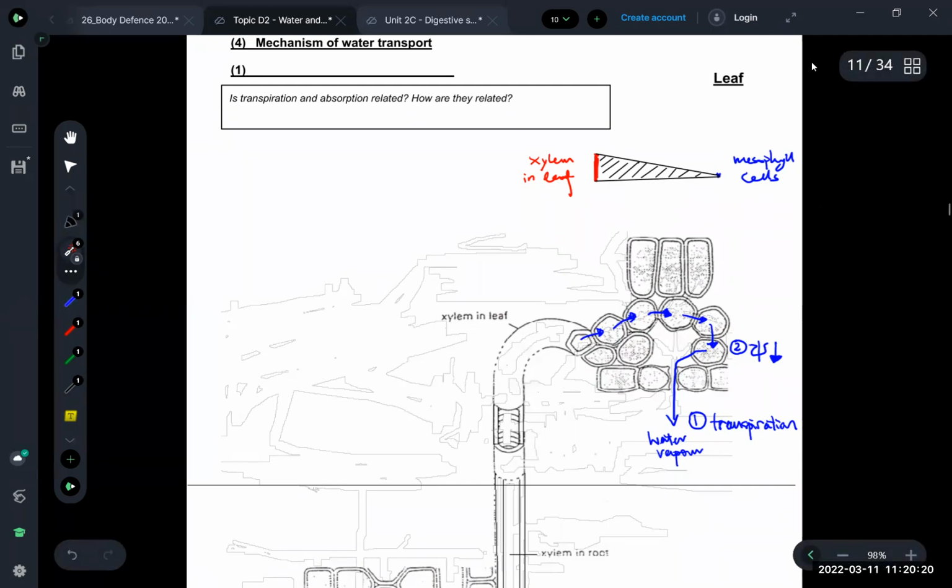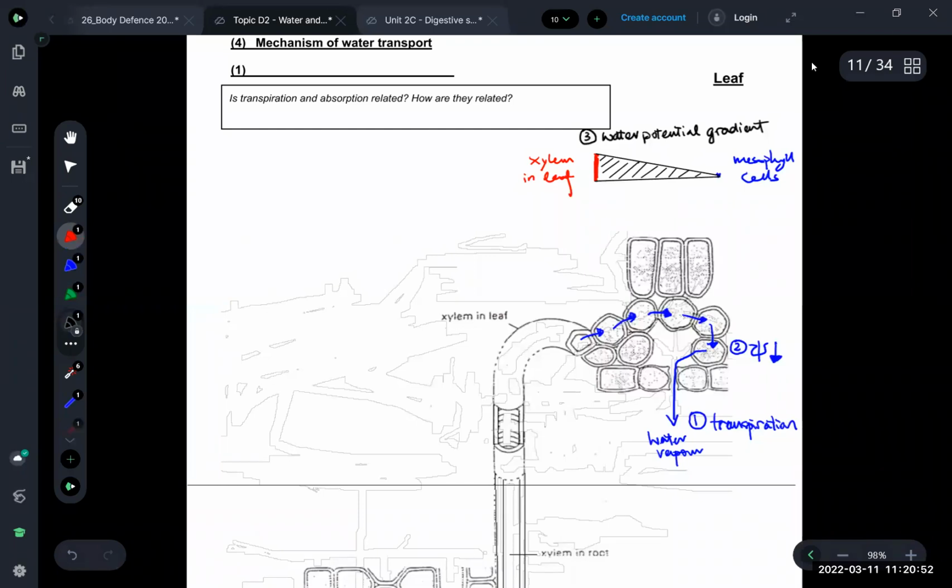when any mesophyll cell loses water, its water potential will decrease. So overall speaking, it now creates a water potential gradient all across the leaf, right?